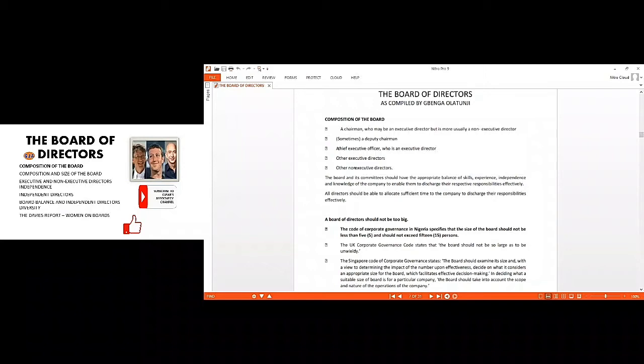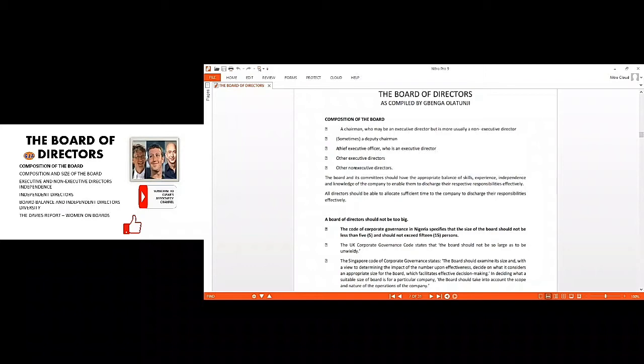And for balancing, it is good that these people have different backgrounds, exposure, experience, independence, and knowledge of varieties when it comes to business management and the business world.